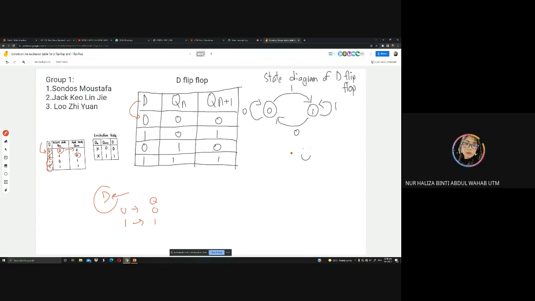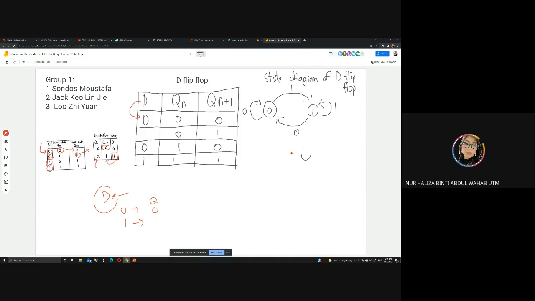So what happened? You're going to summarize it. If your D is 0, whether your previous one is 0 or 1, you're going to have 0 also for your next state. And if let's say you have D as 1, your next state will be 1.